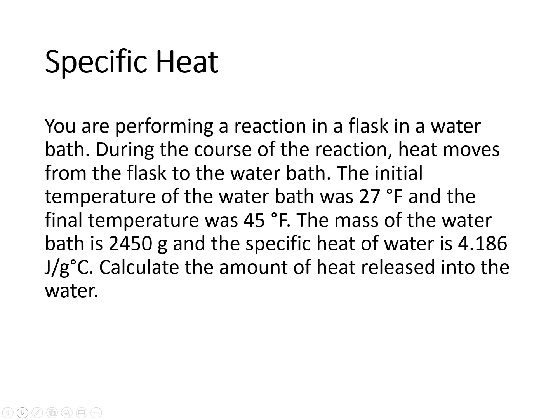During the course of the reaction, heat moves from the flask to the water bath. The initial temperature of the water bath was 27 degrees Fahrenheit. Final temperature, 45. Then you get the information about the size of the water bath and the specific heat of water. And we're supposed to calculate the amount of heat released into the water.